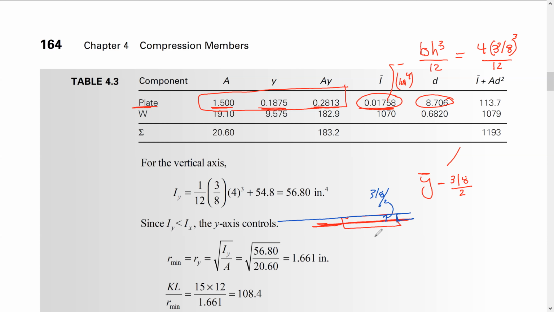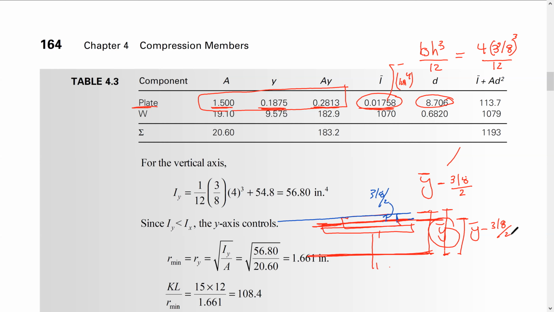Now to move this, because we do have a wide flange, the centroid for the whole shape, which is Y from here, Y hat or Y dash, the distance here is going to be Y dash minus this one, guys. So the whole is Y dash, and this is the distance, which is Y hat minus 3/8 over 2.